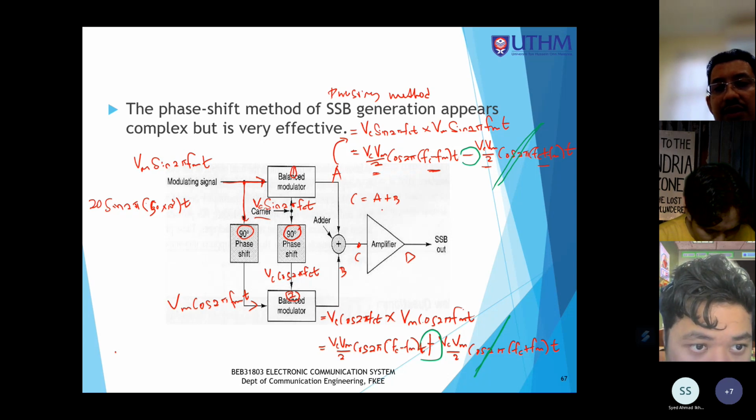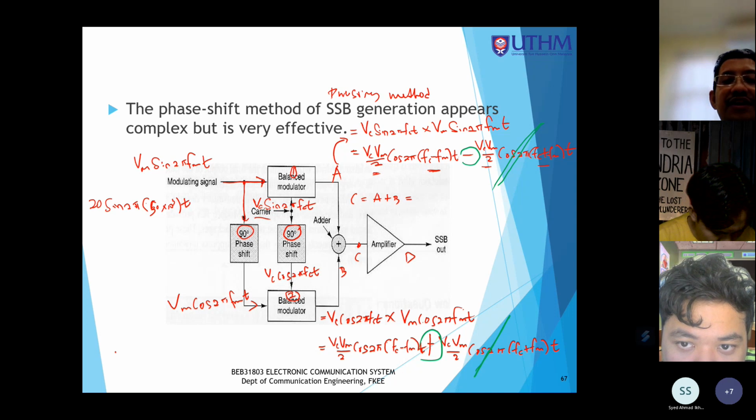Yang mana dia adalah sebenarnya bersamaan dengan VC VM per 2 tambah VC VM per 2, so dia akan jadi 1. Setengah tambah setengah jadi 1.